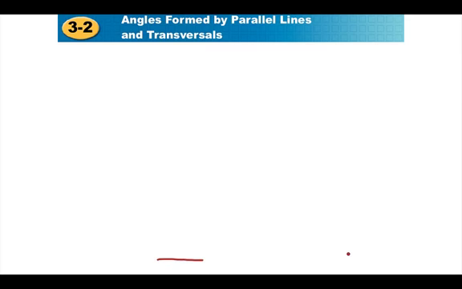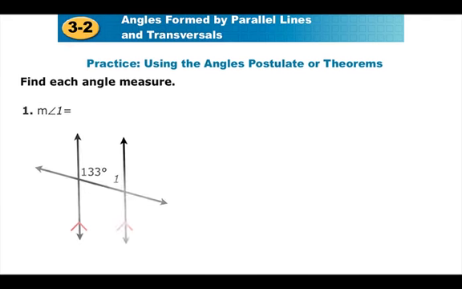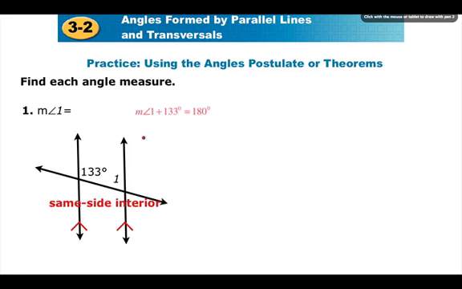Moving on to the next slide. It says find each angle measure. If you look at the picture, they give you 133 and angle 1. So you're looking for angle 1 here. You should recognize that you're talking about same side interior angles from the previous slides. You know that these two angles are supplementary.